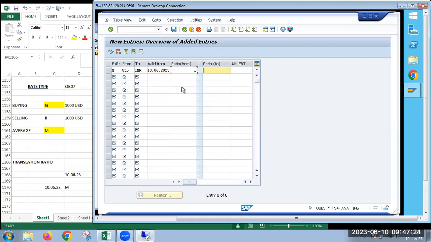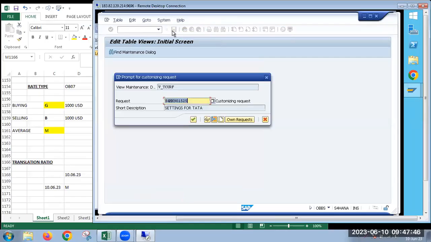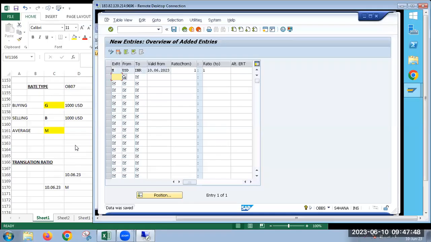Let the ratio be 1:1. So US dollar can be specified in multiples of 1 to INR, or in reverse, INR can be in multiples of 1 to US dollar. Same. Translation ratio we have specified.